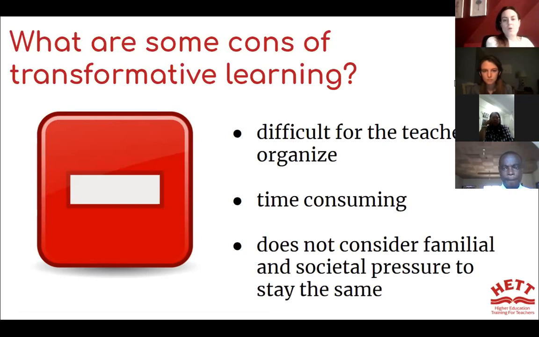Also, it can be difficult for the teacher to try and force transformative learning. You can do things to make students more likely to have those moments, but you can't force someone to transform their thinking. That's not possible as a teacher. So you're more facilitating to try and get the students to have those moments.